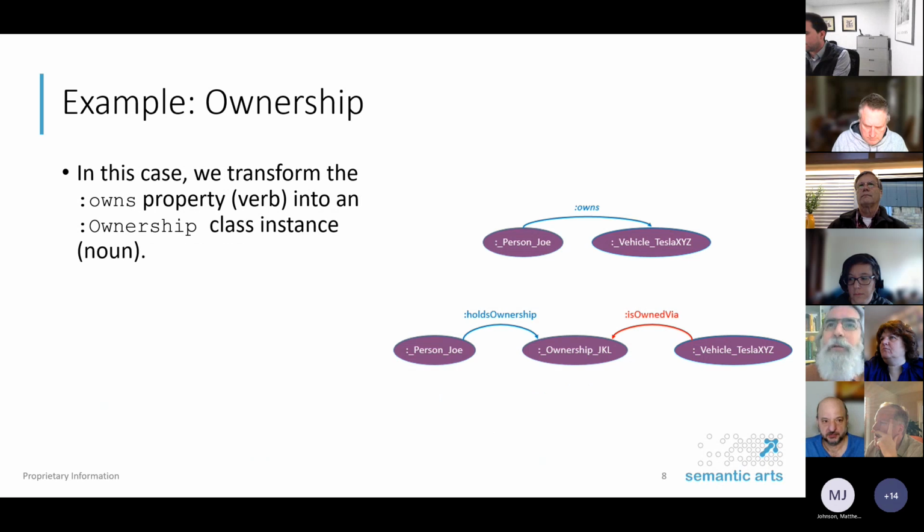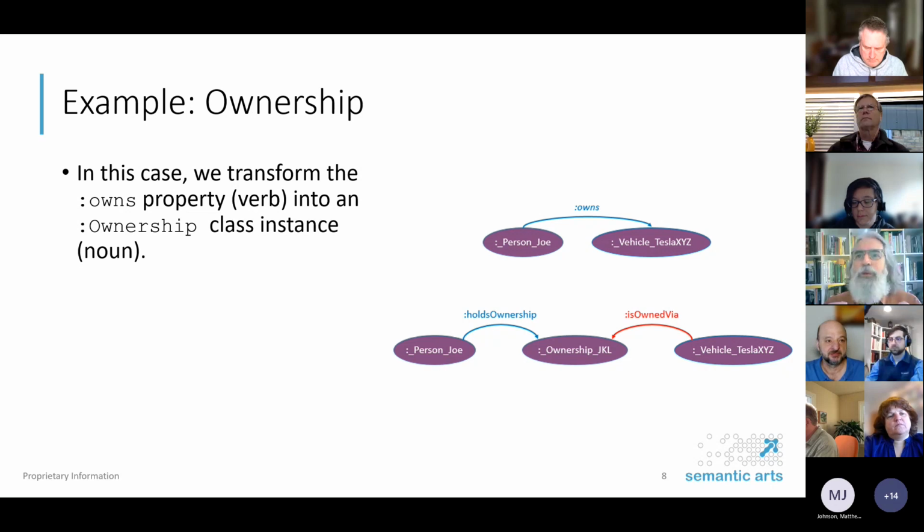So going back to our example, we're going to reify the property owns into an ownership class. And this ownership class will be a subclass of temporal relation. I meant to add in a slide and forgot to do it, to say, generally speaking, you are going to want to be creating subclasses of temporal relation.